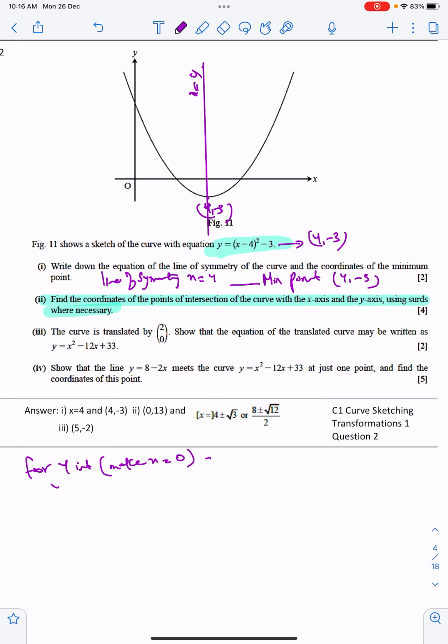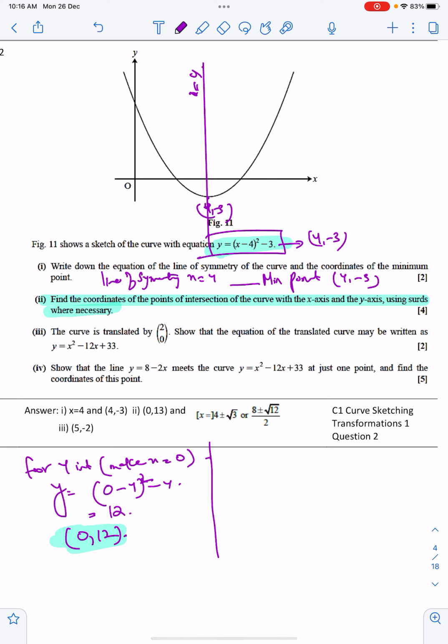If I make x equals 0 into this, the equation is going to become 16 minus 3, it's 3 here. Okay, 16 minus 3, which is 13. So (0, 13) is the y-intercept.